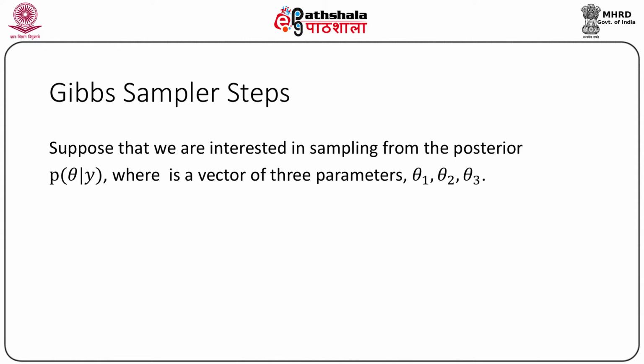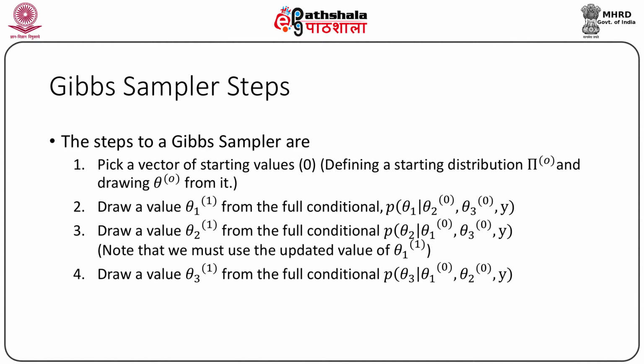So, the Gibbs sampler steps. Suppose that we are interested in sampling from the posterior p of theta given y, where theta is a vector of three parameters, theta 1, theta 2, and theta 3. The steps to a Gibbs sampler are: pick a vector of starting values theta 0, by defining a starting distribution pi 0 and drawing theta 0 from it. That's called initialization.